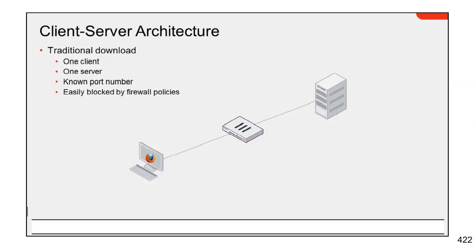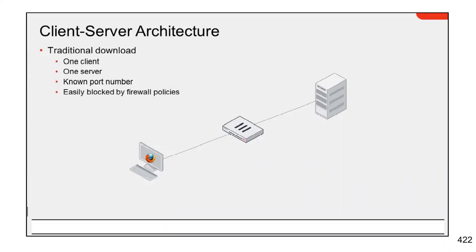There may be many clients of popular sites, but often, such as with an office file server, maybe just 3 or 4 users, or maybe just one server. These are the classic examples when it comes to the client server architecture.